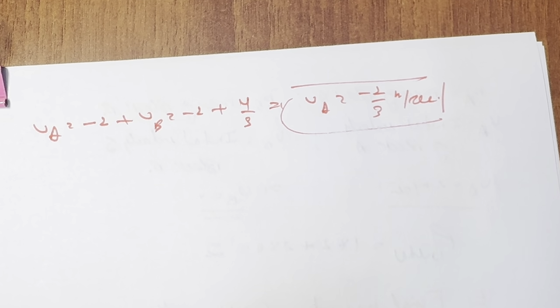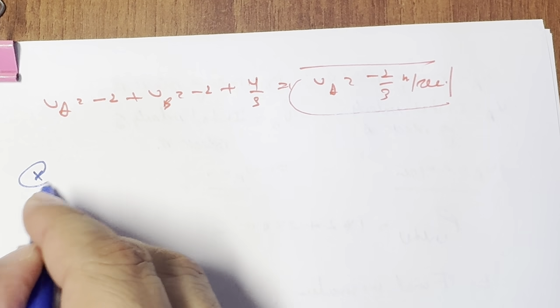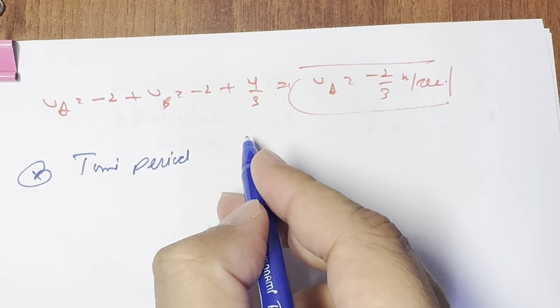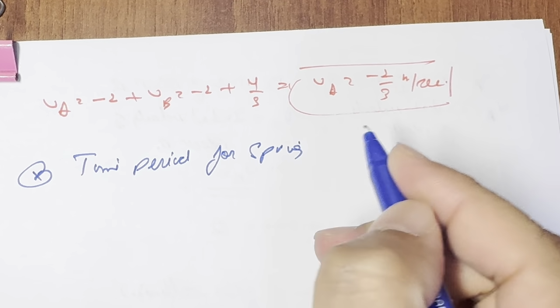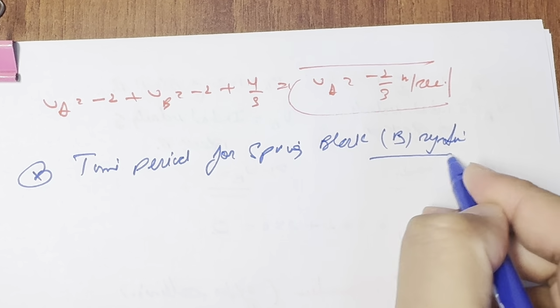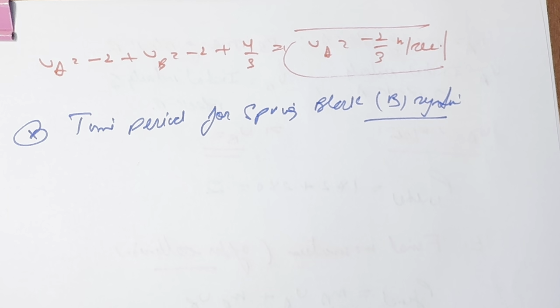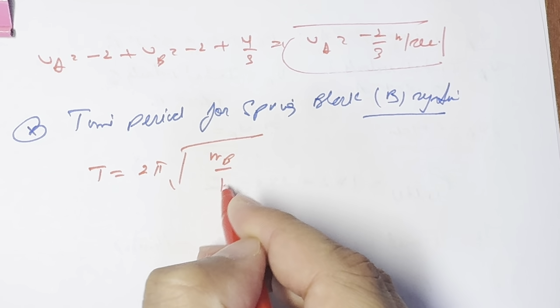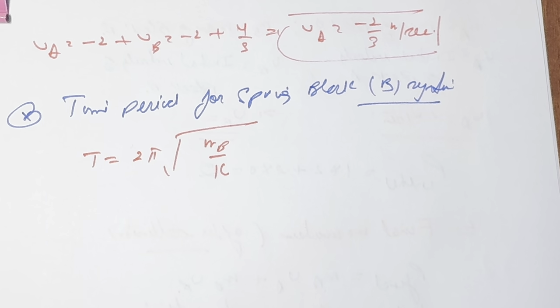And we can also write the time period of the spring block system, because it is going to have a spring system and that results in SHM. So the time period for the spring block system, and here the block is block B, T is equal to 2 pi root of (mass of block B divided by K), and the spring constant is given as 2.